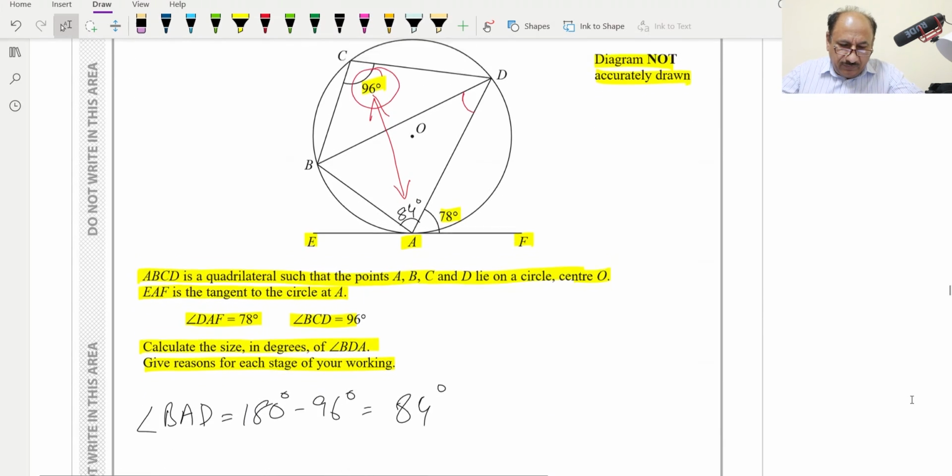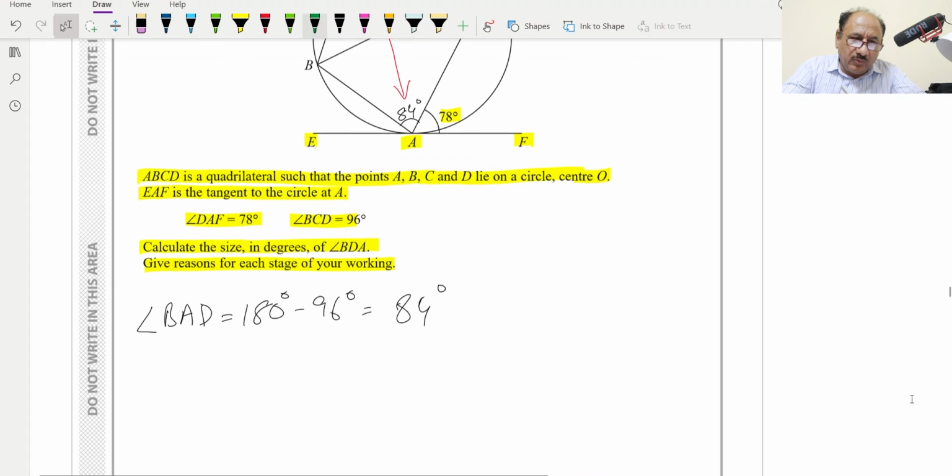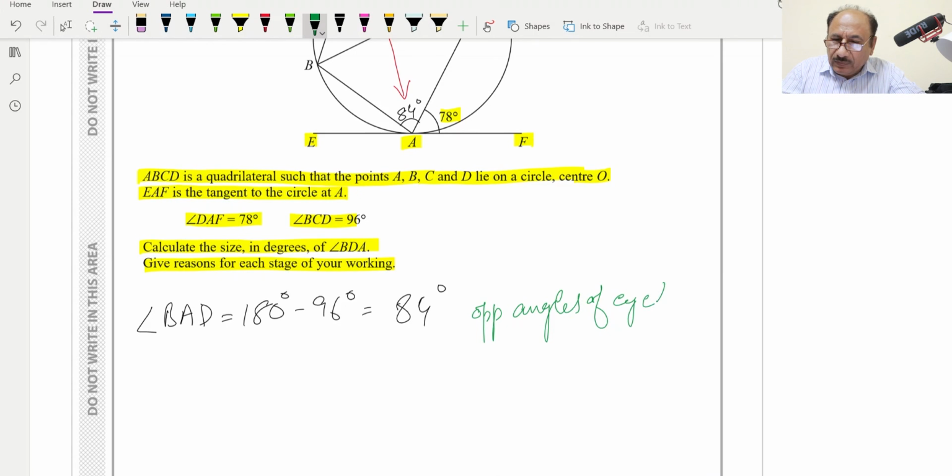And we'll have to write the reason also, so we can provide the reason: opposite angles of a cyclic quadrilateral. So this is the reason which we have provided.